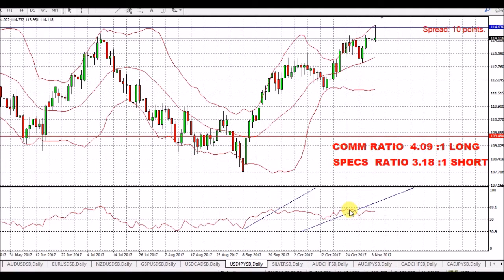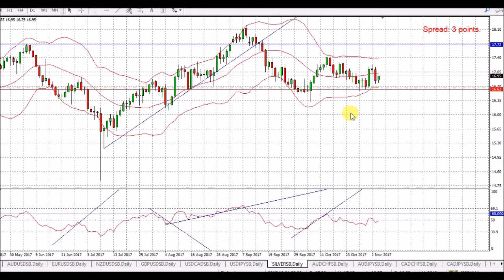As you can see on the RSI, we've made a recent high, but we haven't made a high on the RSI. So this does show maybe just a little bit of sentiment towards a lower price for this pair. So we'll see what happens, but I expect that to fall during the week.